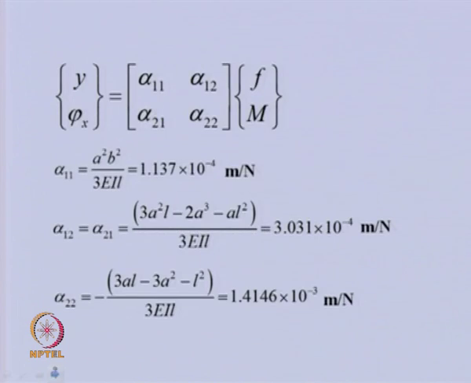Influence coefficients for the simply supported beam with offset discs are defined like this, so for given values we are able to obtain them.